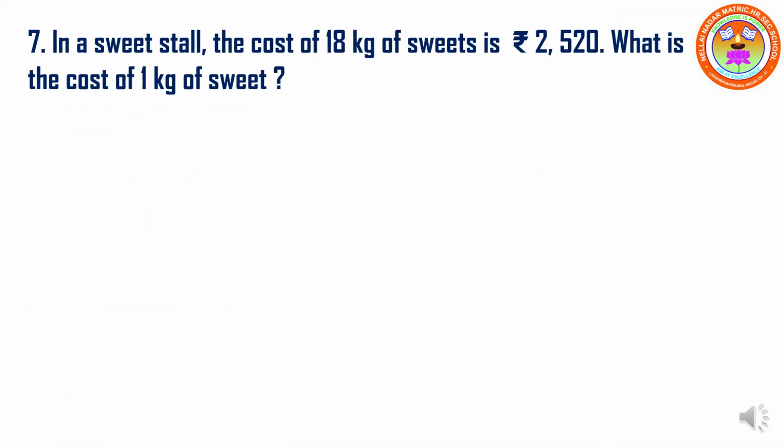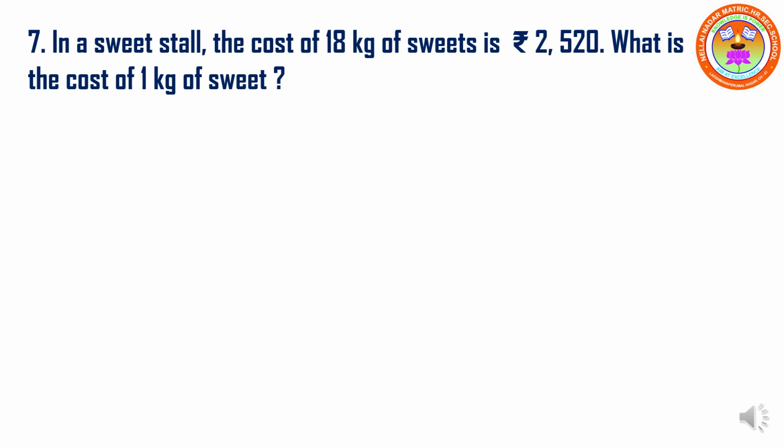Next question. In a sweet stall, the cost of 18 kilogram of sweets is rupees 2,520. What is the cost of 1 kilogram of sweet? So here they have given the cost of 18 kilogram of sweets, and we have to find the cost of 1 kilogram of sweet.